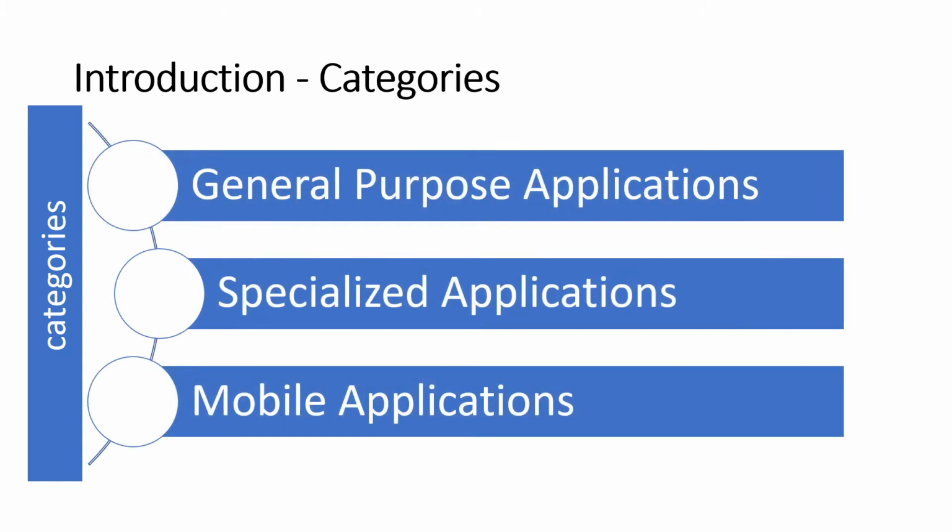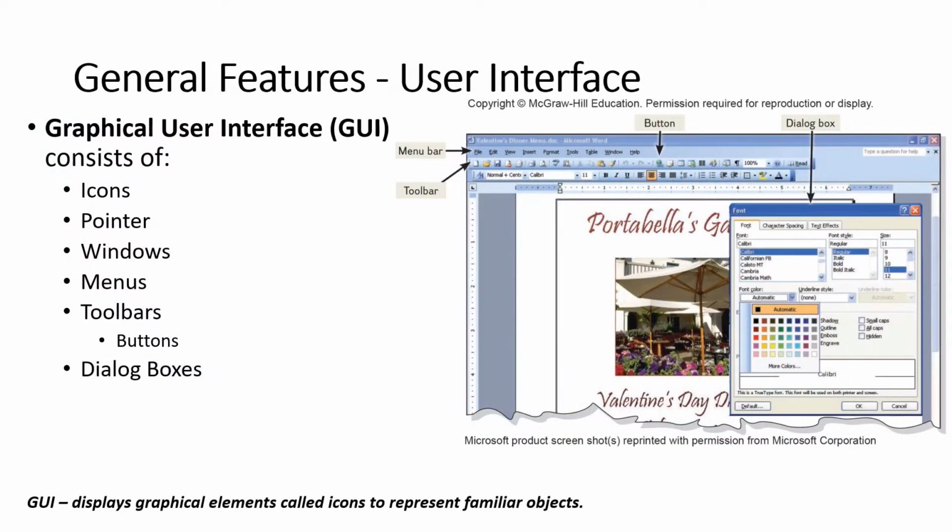Now we'll look at the categories of application software. There are three categories: general purpose application, specialized applications, and mobile applications. A general feature of all the software is that they have a GUI, graphical user interface, where the user can interact with the software.